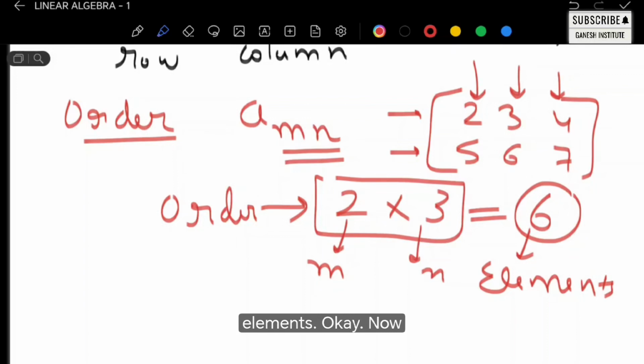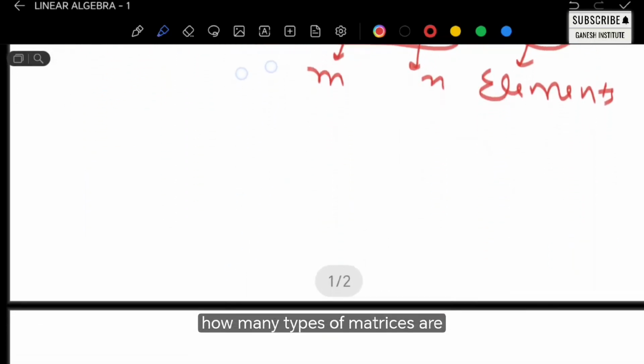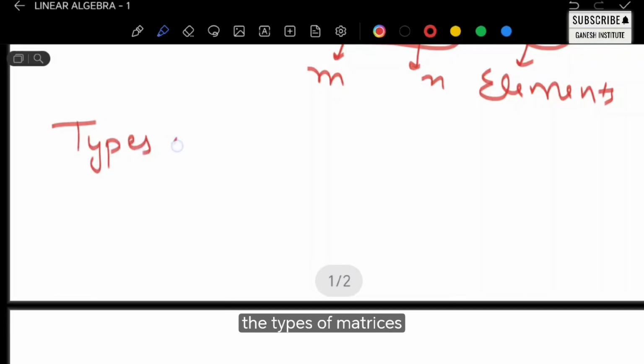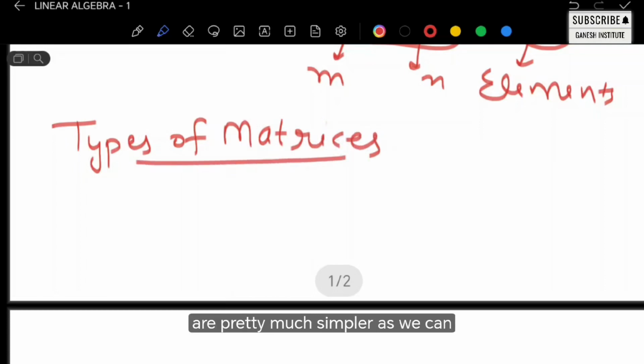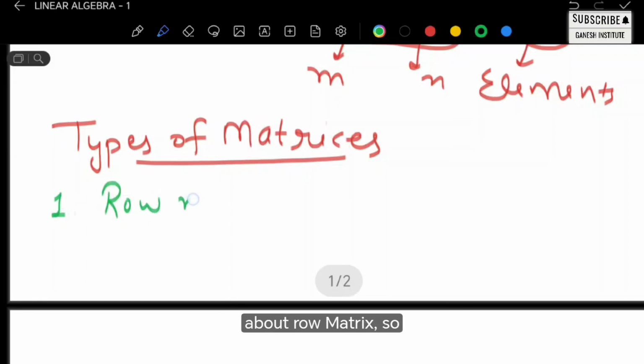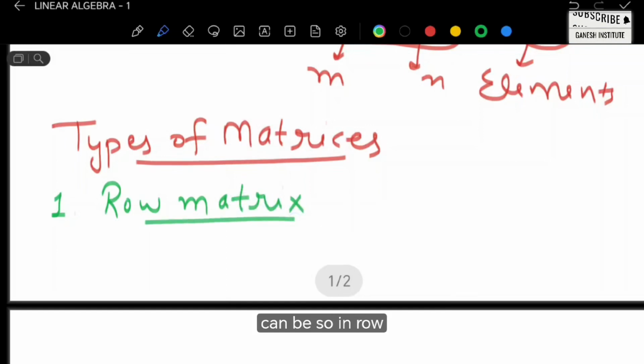Now, how many types of matrices are there? If we talk about the types of matrices, some of them are pretty simple as we can identify them based on the name. For example, if we talk about a row matrix, I think you can guess what it can be.